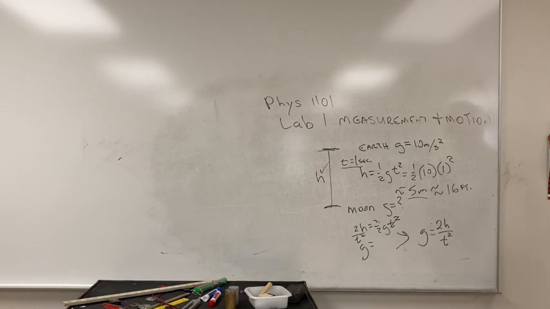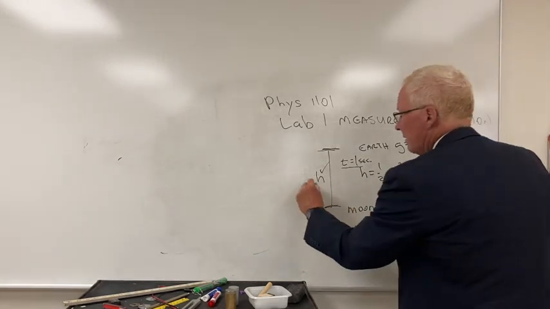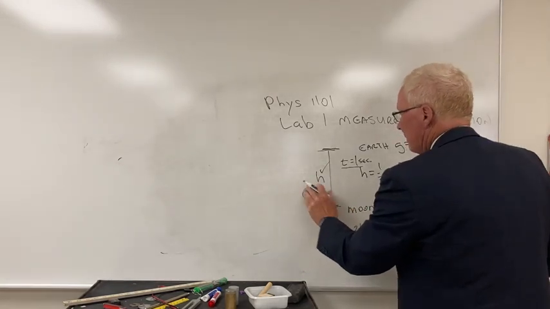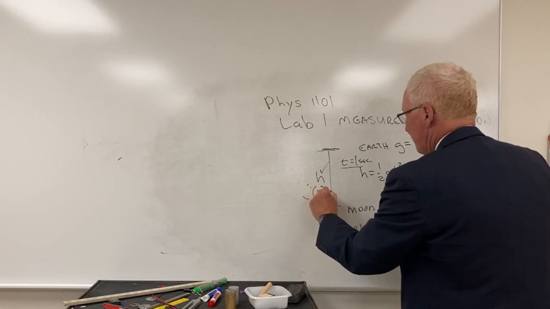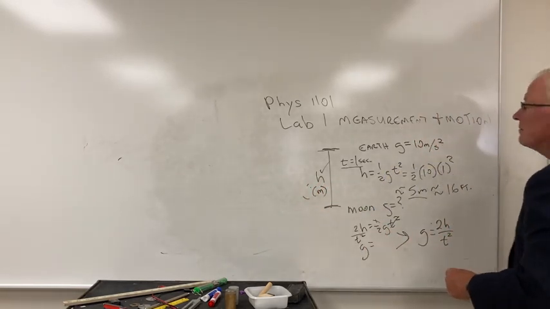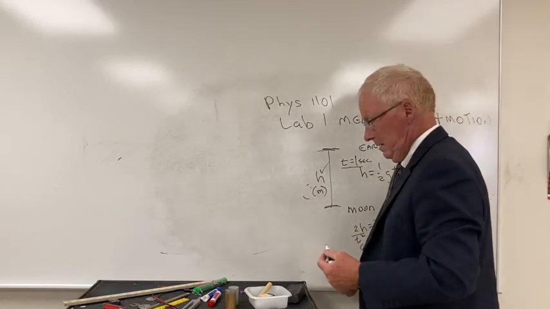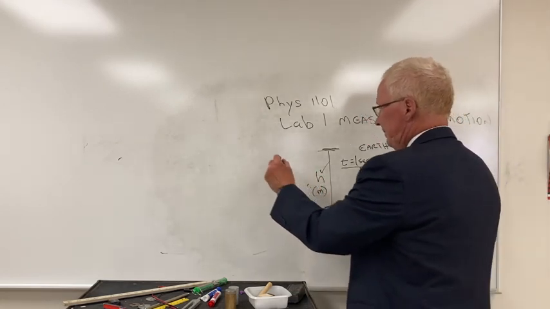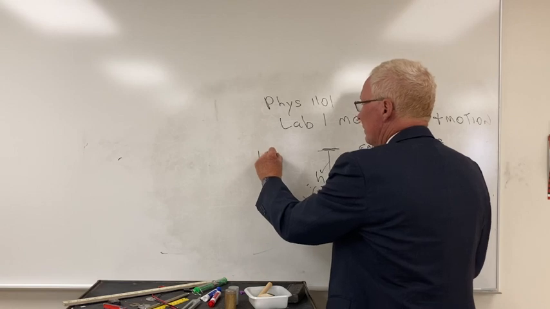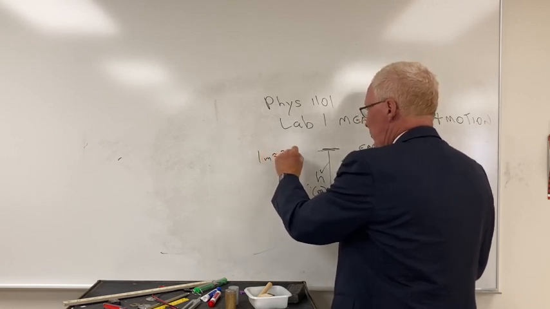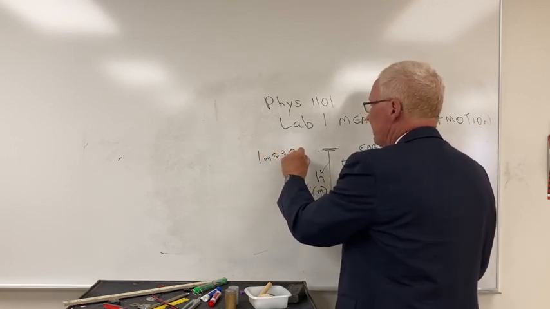And h is in meters, and t is in seconds. So, for an average person, 1 meter is about 3.3 feet.